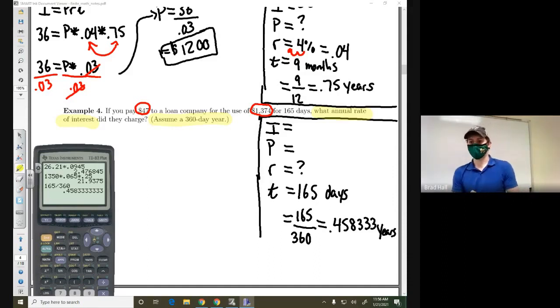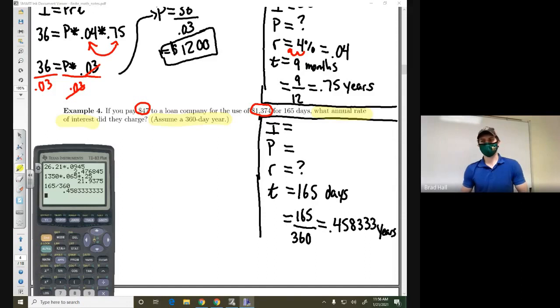So the rate is unknown, and now we need to figure out, is the $47 the interest? Is the $13.74 the interest? And which one of those was the original value? Well, if the $47 was the principal value, then that means you would be paying a fee of $1,374 to borrow $47. Does that really sound fair?